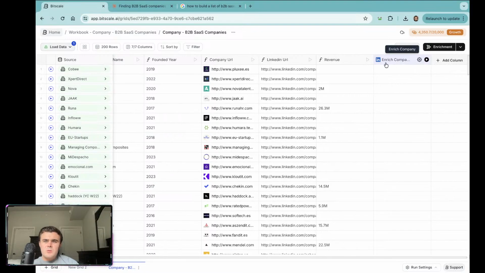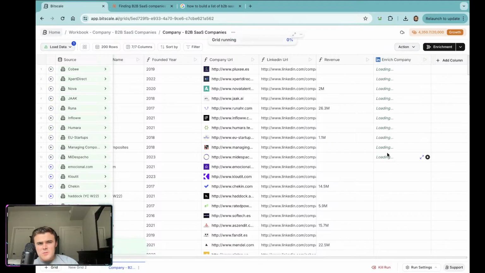So I think the first thing we should do is just enrich all these companies. Let's just do the first 10 rows. I like to test out the first 10 rows only.